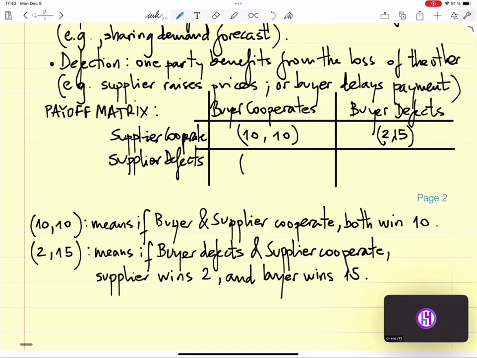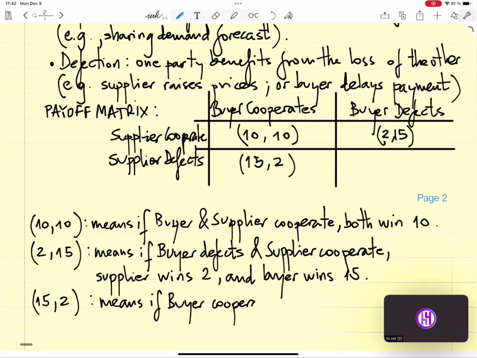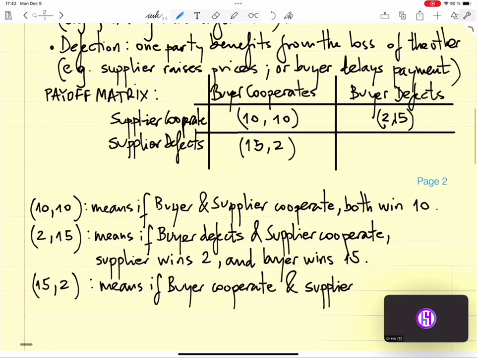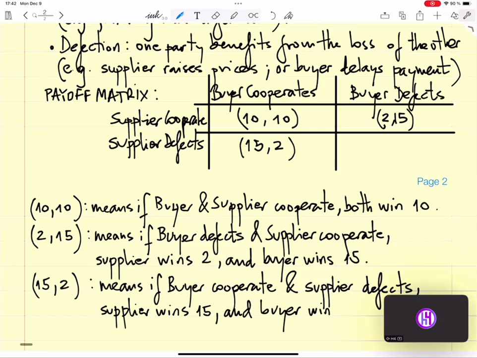If the supplier defects and the buyer cooperates, it's the other way around: the supplier wins 15 and the buyer wins 2.